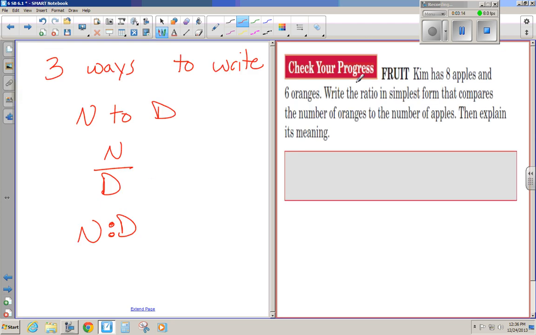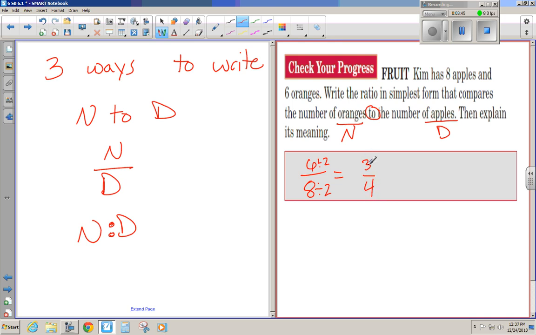All right, so same thing here. Kim has 8 apples and 6 oranges. Write the ratio in simplest form, where it's oranges to apples. So this is the numerator to denominator. As a fraction, oranges to apples, which reduces by a factor of 2 to 3/4.